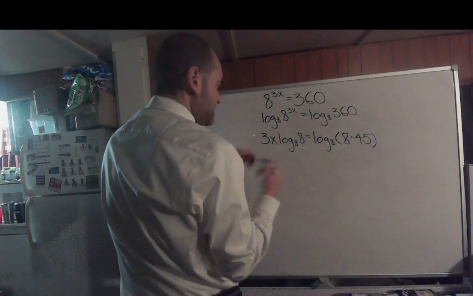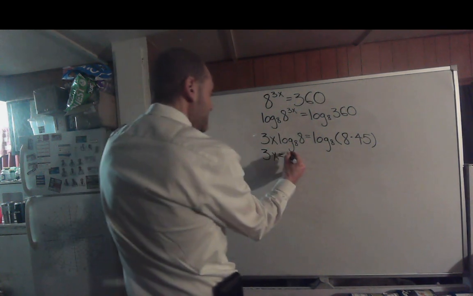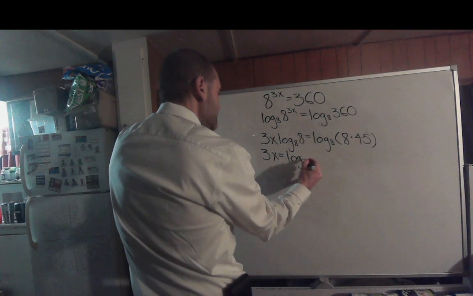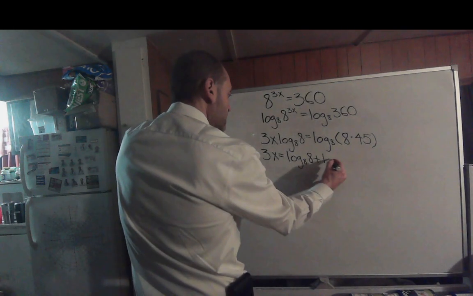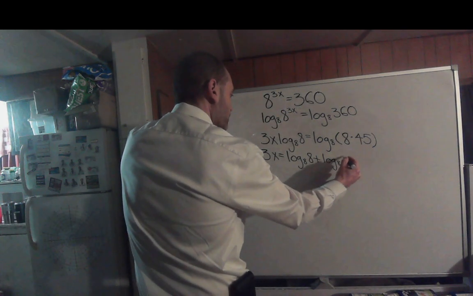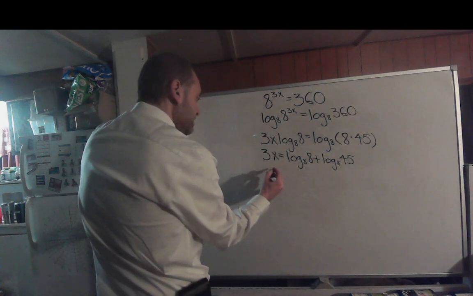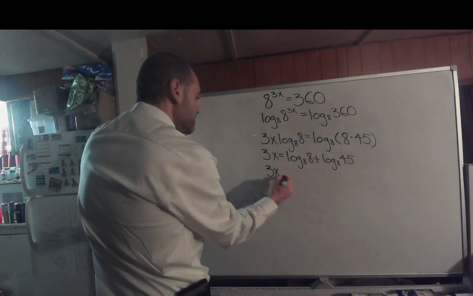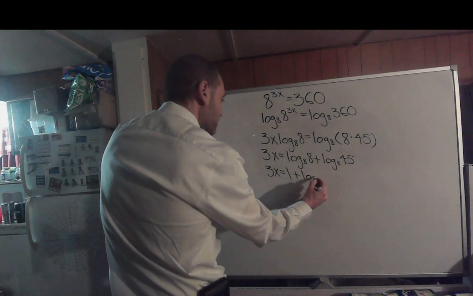So the left-hand side would just turn into 3x. The right-hand side, you would get log base 8 of 8 plus log base 8 of 45. Which then means that 3x is going to equal 1 plus log base 8 of 45.